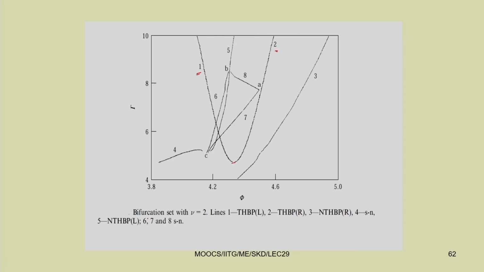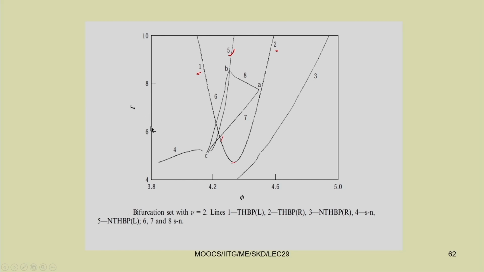So, 4 is the saddle node bifurcation, 3 is the non-trivial Hopf bifurcation point right, then 5 is the non-trivial Hopf bifurcation point left. This is the line 5, the non-trivial Hopf bifurcation point towards left, and 6, 7 and 8 are the saddle node bifurcation points. So many bifurcation points you are getting.